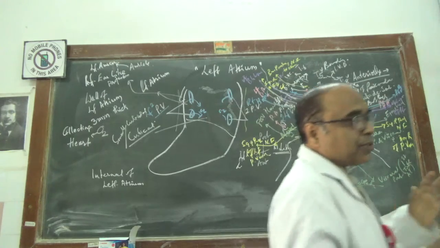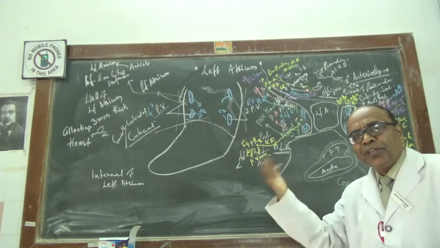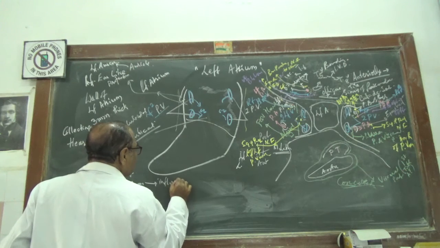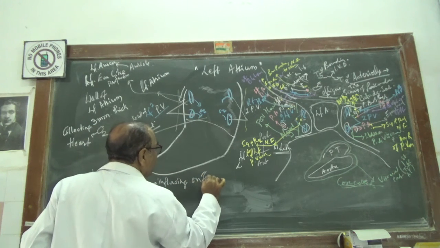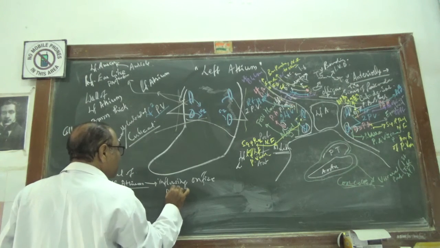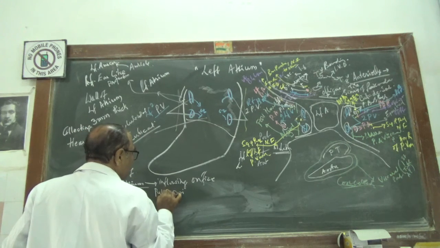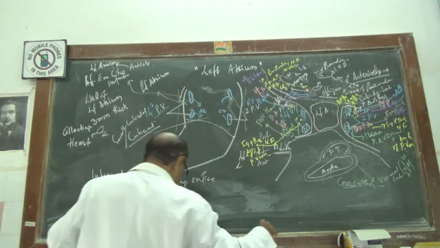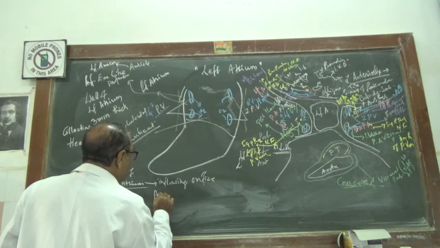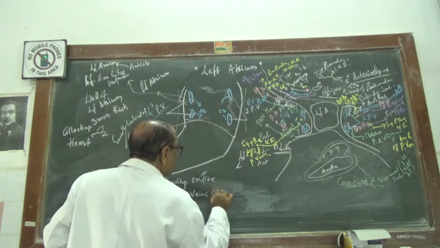The internal of the left atrium exhibits once again two portions, such as inflowing and outflowing. The inflowing orifice of the left atrium is the pulmonary vein orifice.